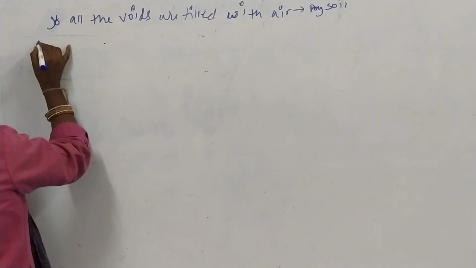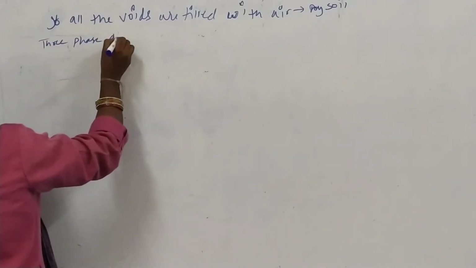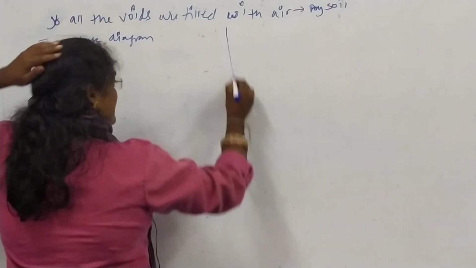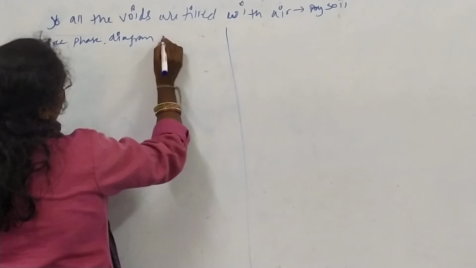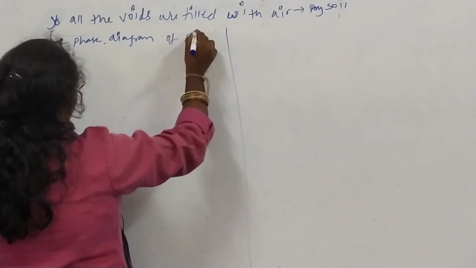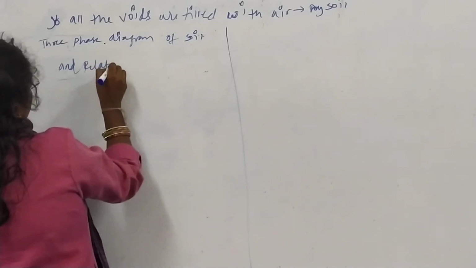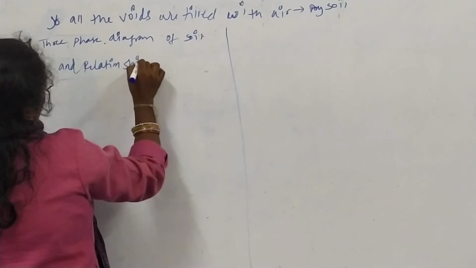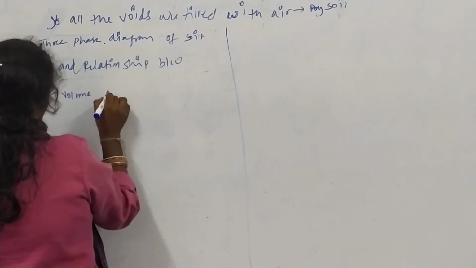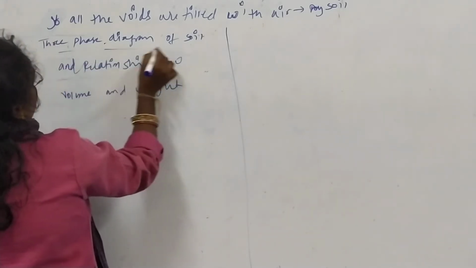Now we will go with the three-phase diagram of soil and the relationship between volume and weight.